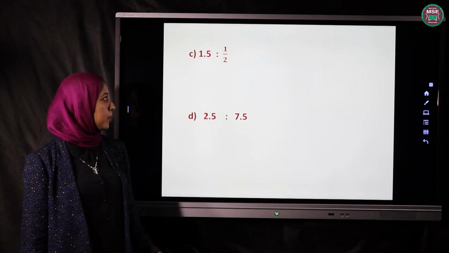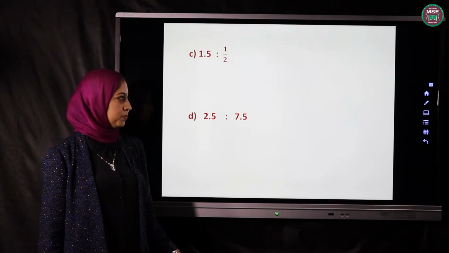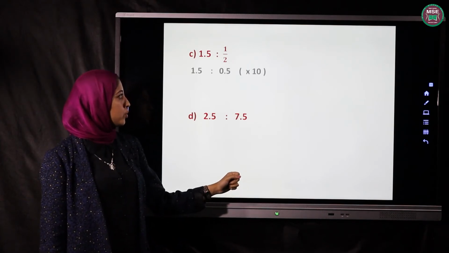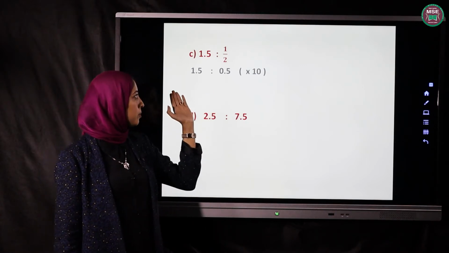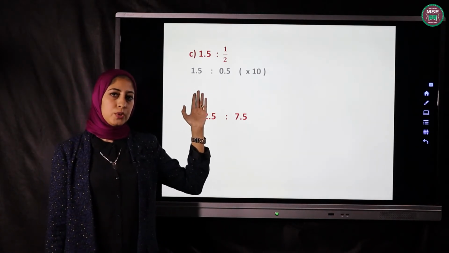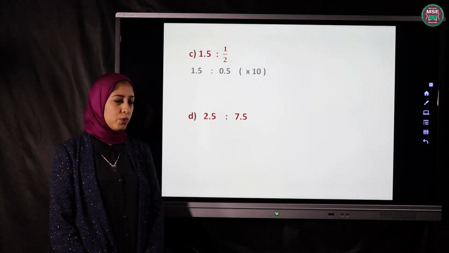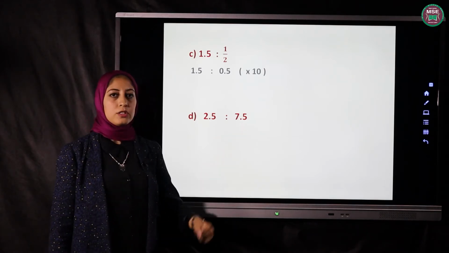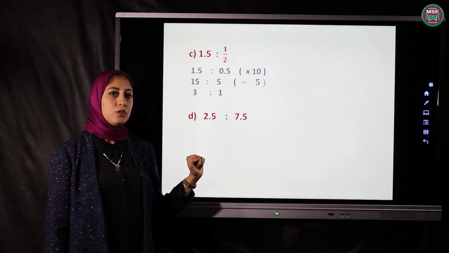Let's see another example. 1.5 to 1 over 2. I will change 1 over 2 to a decimal. It will be 0.5. Now I have two decimal numbers, 1.5 to 0.5. I have to remove the decimal point, as I told you before, by multiplying by what? Times a decade. Here I will multiply by 10. The answer is 15 to 5.